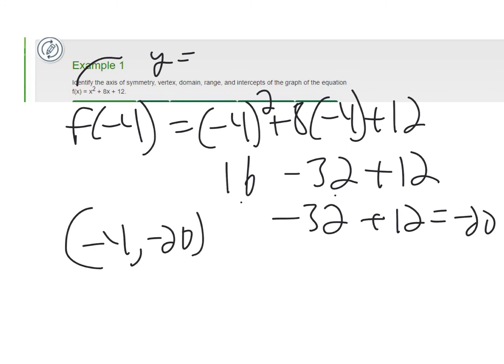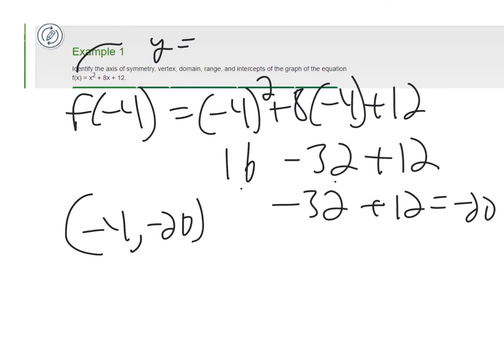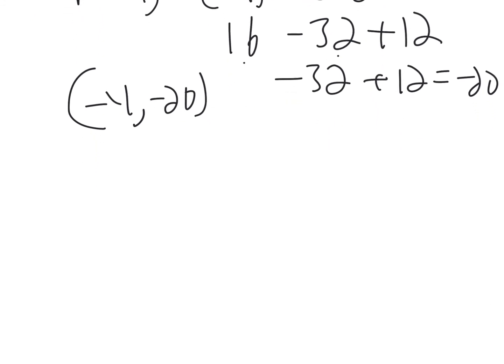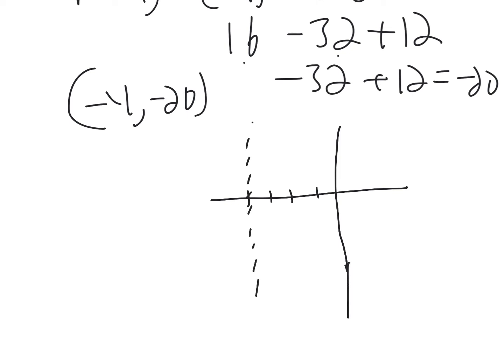Now, how does that graph? Well, let's see. At least to get it started, this will help us with some of the later values here. I do know that the line of symmetry was at negative 4. And then this graph, I'm not going to draw this to scale.